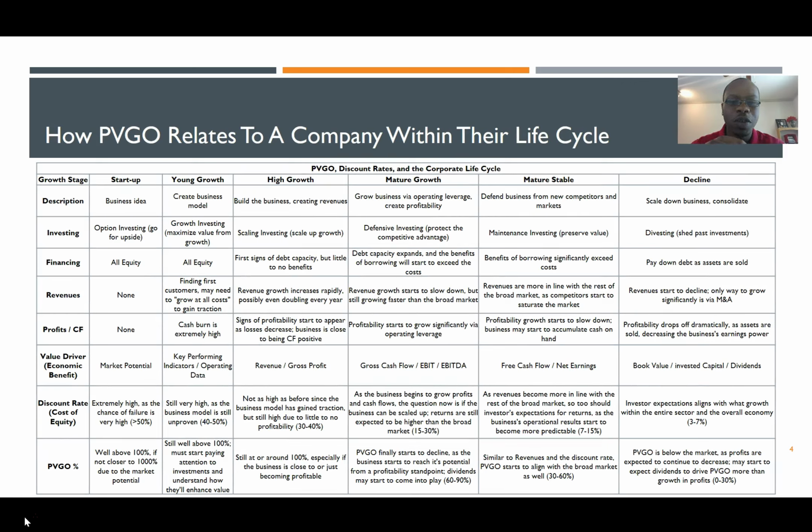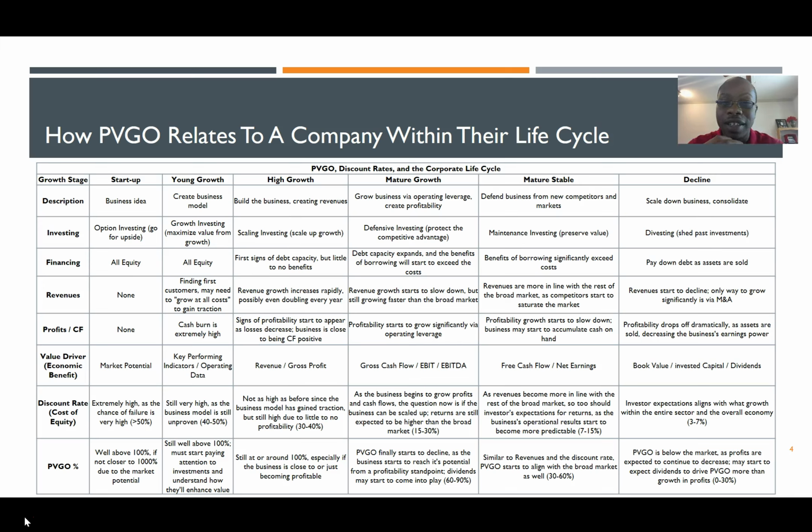Since I'm talking about those key things, PVGO is best used when connected to a company in their life cycle. I mean, that's kind of the whole purpose of it. Like I mentioned before, young company, high PVGO percentage. Older, mature company, lower PVGO percentage. That's the expectation. Now, the first two stages of a company, mainly in their startup phase, it's very hard to use this system.